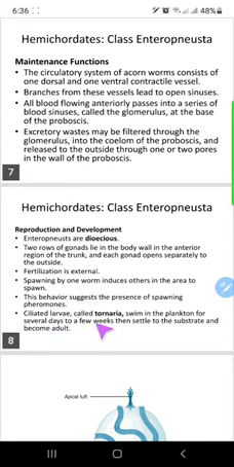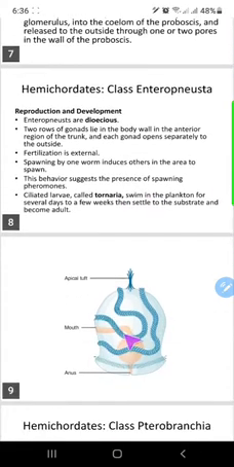Ciliated larvae called tornaria swim in the plankton for several days to weeks, then settle to the substrate and become adults. Here is the tornaria. This is the bell-like tornaria.